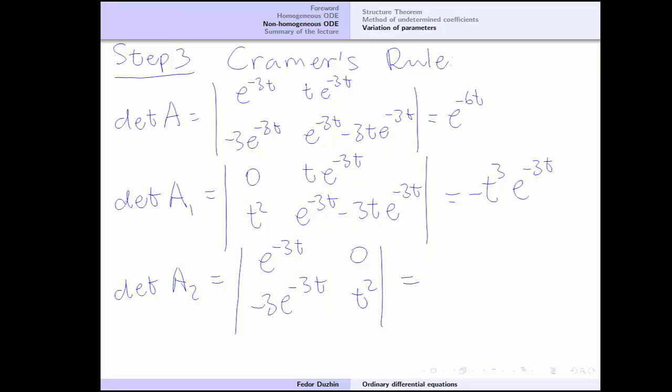And here we get t squared times e to the minus 3t. Okay, and according to Cramer's rule, the unknowns, recall the unknowns, u1 prime is going to be determinant A1 divided by determinant A.